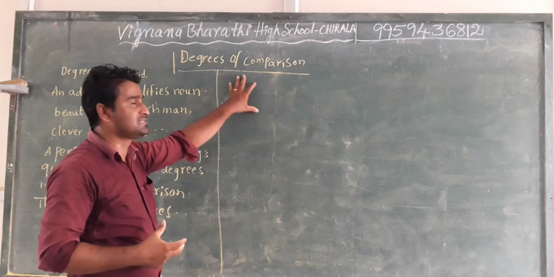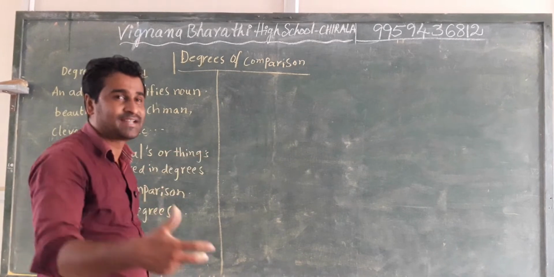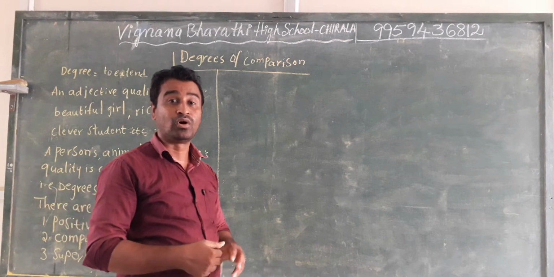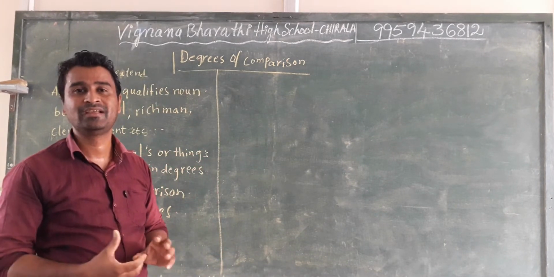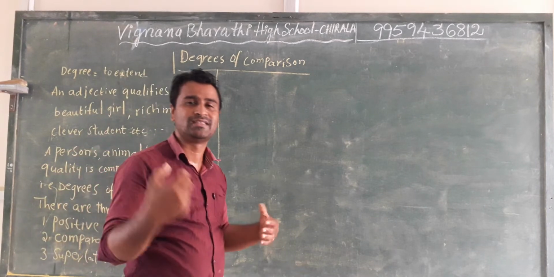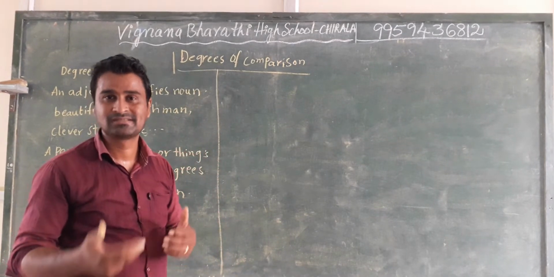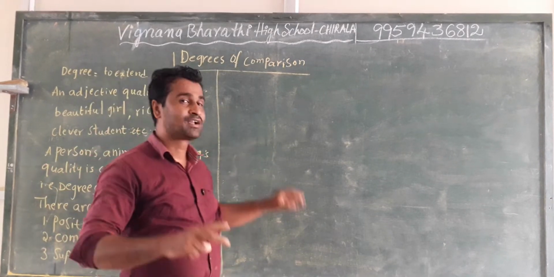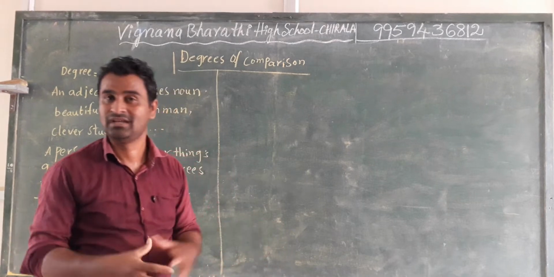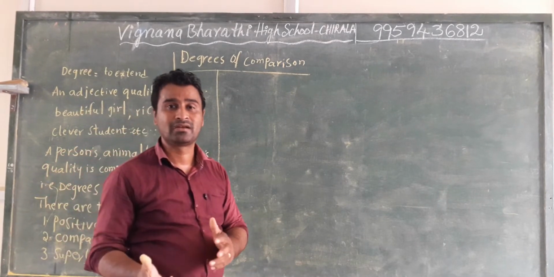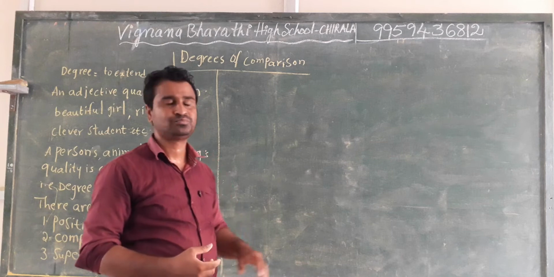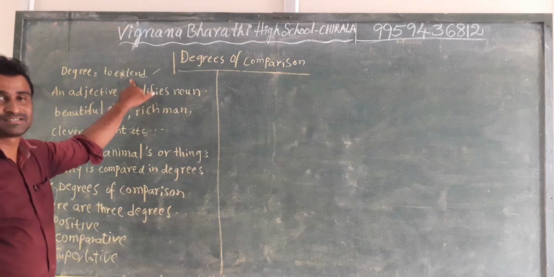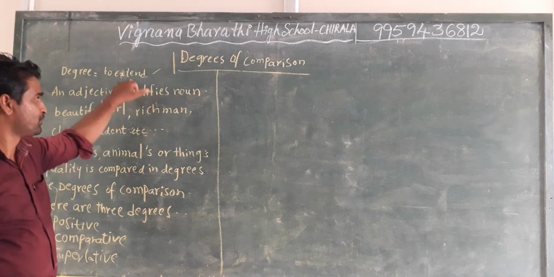So degrees of comparison means extension of comparing something, anything for that matter, either a person, place, thing, whatever it may be. If we are comparing, we compare in extension of that thing, that person, that animal, that plant. So degree means extension, or to extend something.